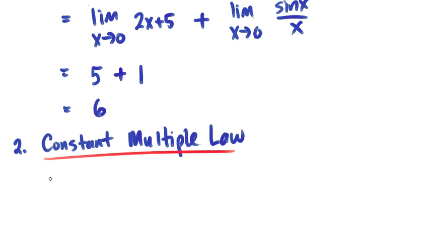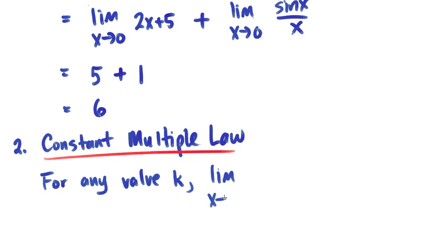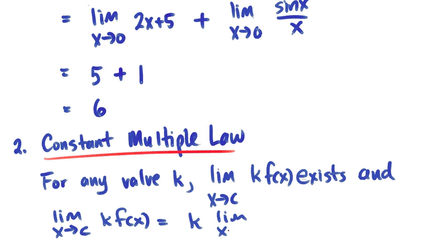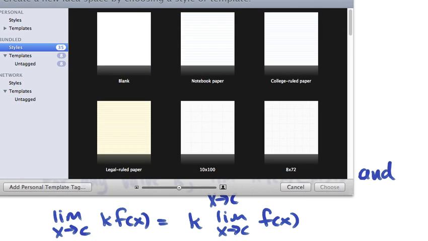And the constant multiple law states, for any value k, the limit as x approaches c of k f of x exists, and it can also be written that the limit as x approaches c of k f of x is the same as k times the limit as x approaches c of f of x. That constant value can essentially factor out. Let's take a look at an example of this one.